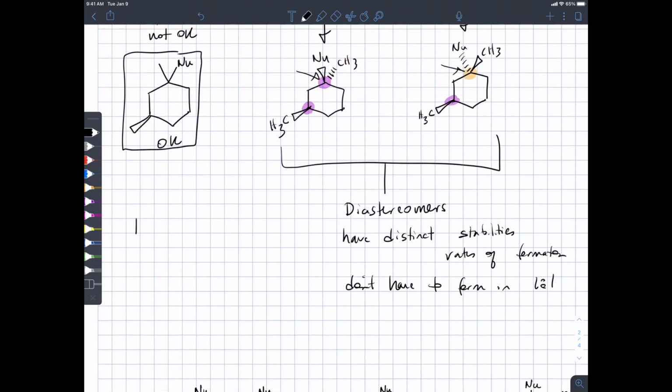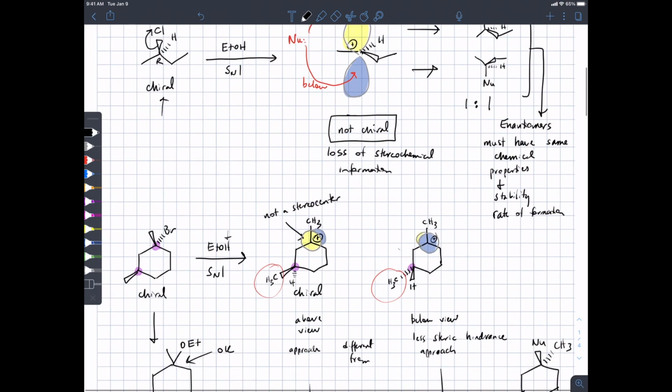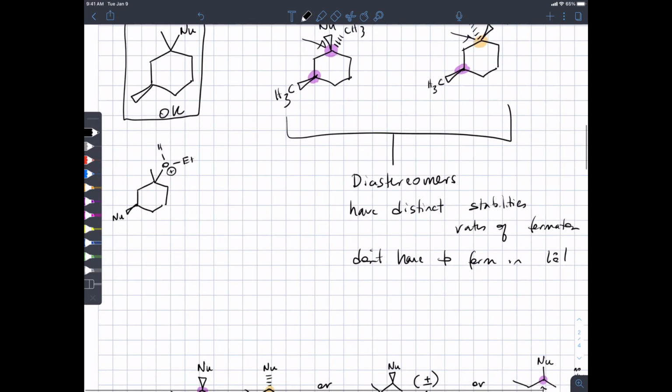The practice exam shows you an intermediate that looks like this. You've just formed a new carbon-oxygen bond between the lone pair electrons on ethanol and the positively charged carbon. So now the ethanol oxygen is attached to three things and is necessarily positively charged.